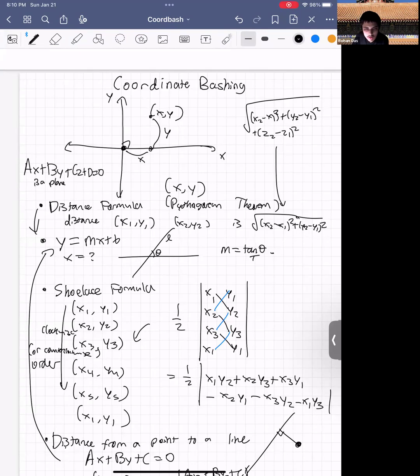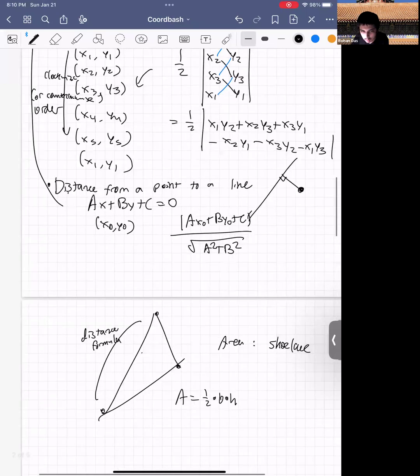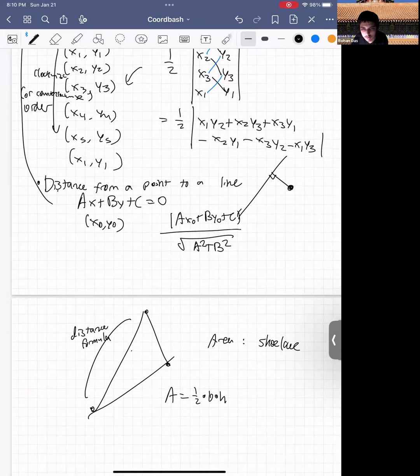For the shoelace formula, you can derive a similar result for 3 dimensions, but it doesn't show up very often, so I'm not going to go into it. And for the distance from a point to a line, you can replace it with the distance from a point to a plane and do something similar.